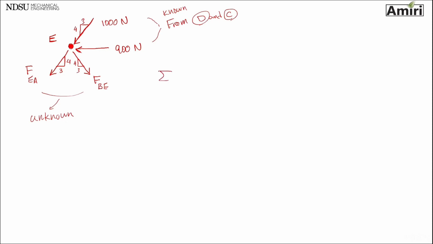Summation of forces in x direction being 0. So force EA minus, it's going to be 3 over 5, force BE, that is plus, it is going to be 3 over 5, 900, that is minus.